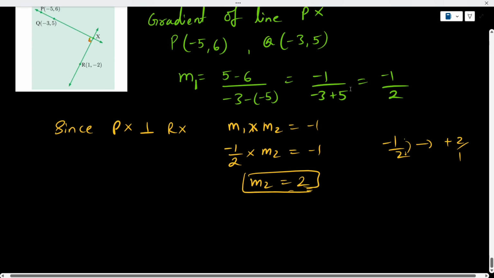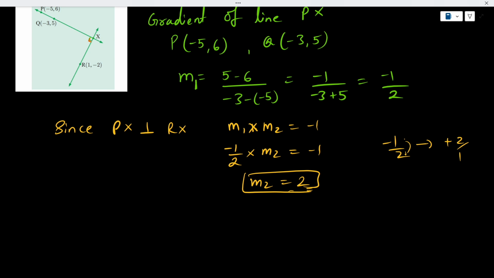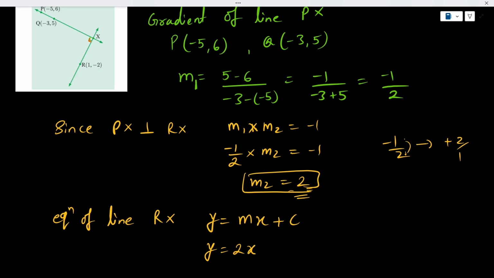So how to get the equation of the second line? Here I can take the equation of line Rx, which is y equals mx plus c, the standard form. But while substituting, I am going to substitute 2 because this is m2. So 2x plus c. Now how to get the value of c?